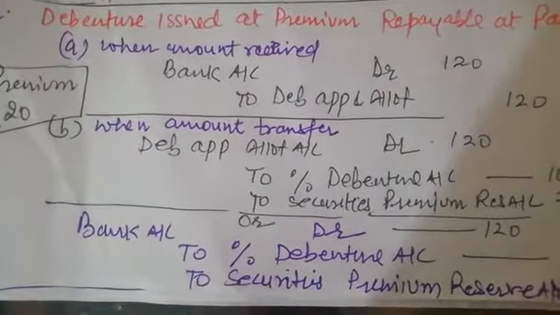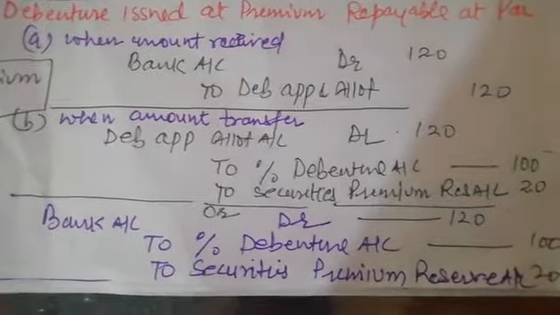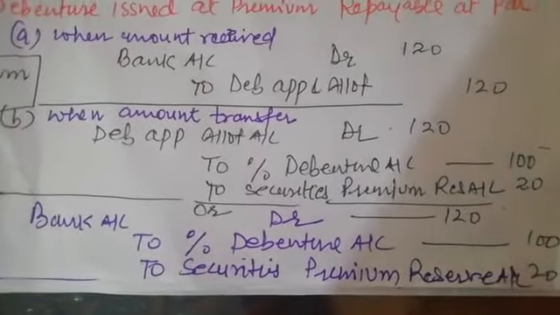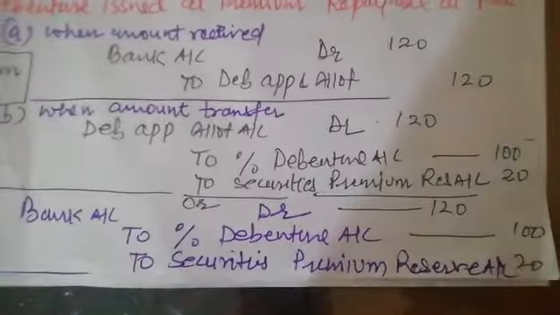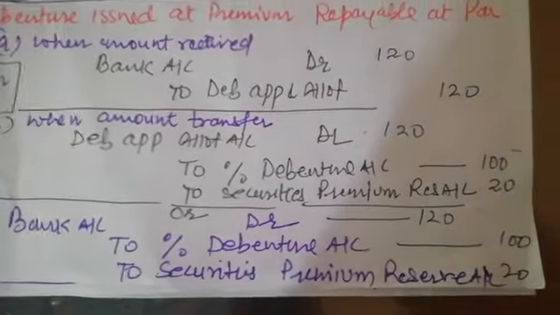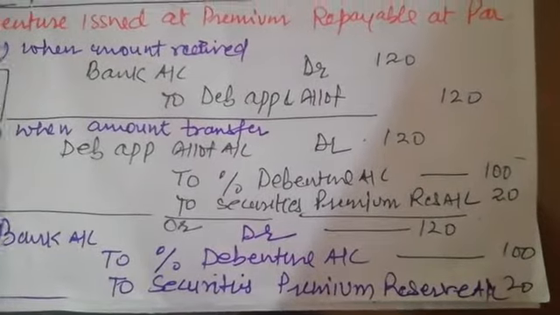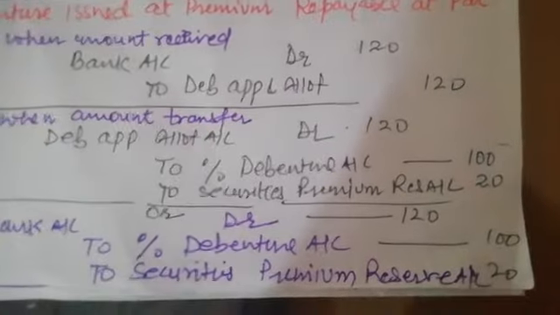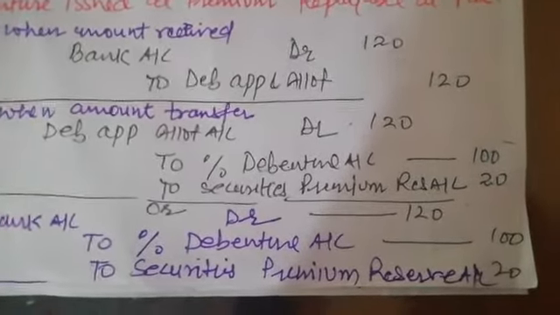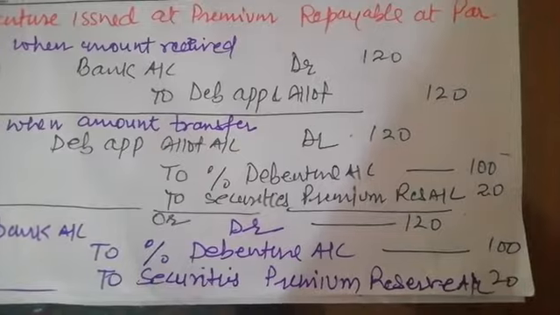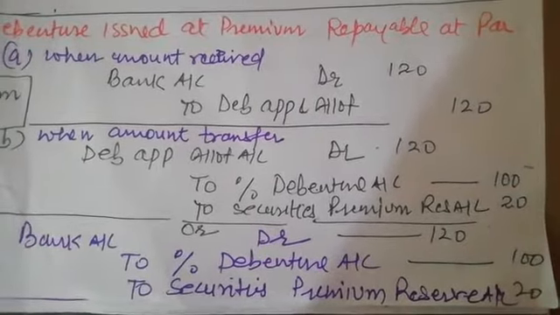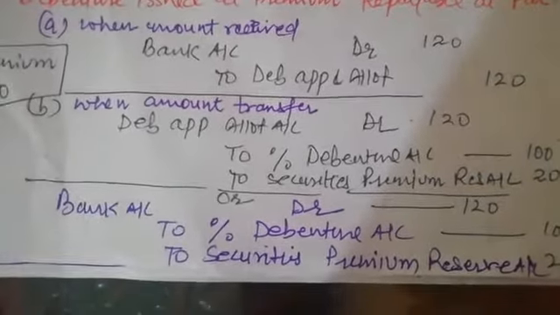And the second entry, when the amount is transferred to the debenture account, is Debenture Application and Allotment Account debit to Debentures Account and to Securities Premium Reserve, the premium part of 20 rupees and the debentures at face value, with the Debenture Application and Allotment of rupees 120.